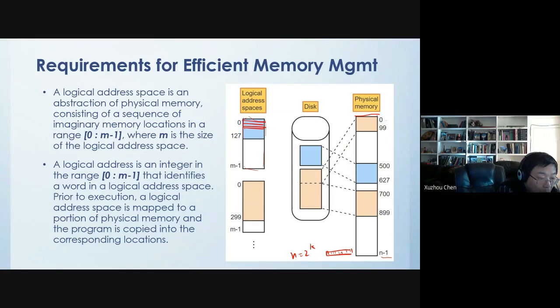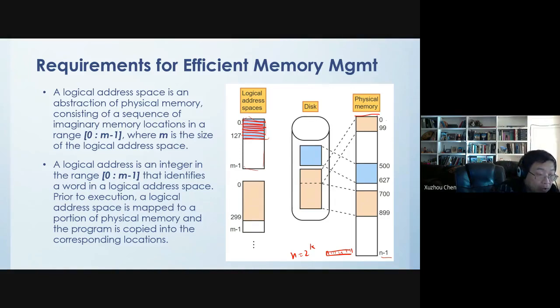So the computer program consists of a whole bunch of instructions. When you write the program and compile it, you create an executable. The executable is the list of instructions.